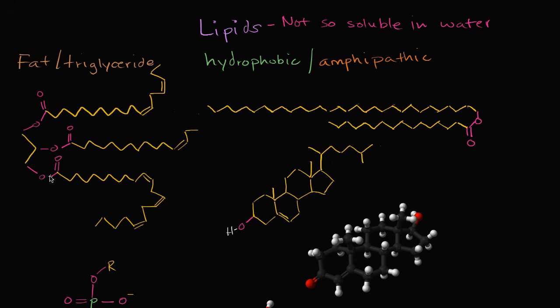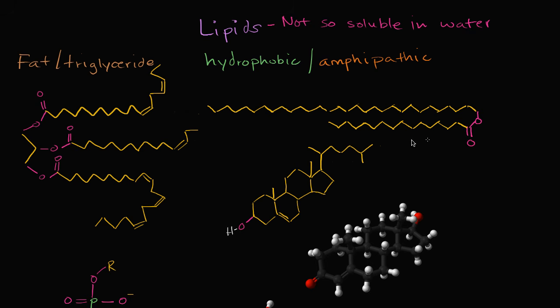But carbon is still more electronegative than, say, hydrogen. So you're not going to be able to form the type of polar bonds, hydrogen bonds, that you would if you had hydroxyl groups here, if this was an alcohol. And these hydrocarbon chains over here are very hydrophobic. So that's what makes fat not be so soluble in water and clump up when you put it in water.